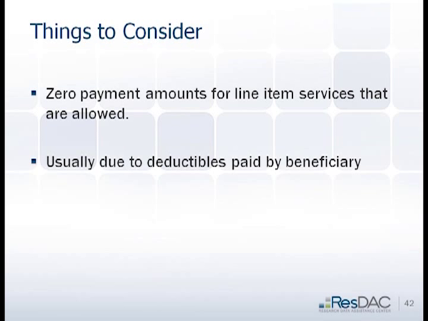And again, you can have zero payment amounts for services that are allowed. Depending on what it is that you want to do, you have to think about how you are going to handle those zero payments. Now, why would you find that? Well, it could be that there's another primary payer, so Medicare pays nothing for that service.